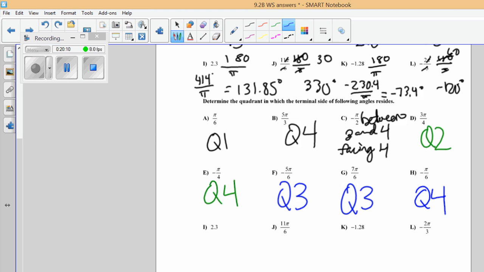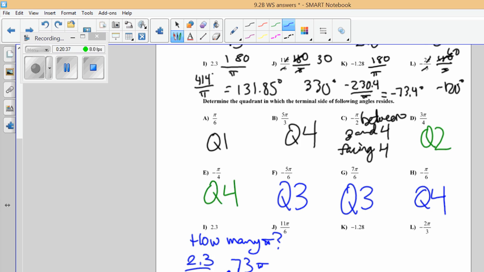Now, this is tricky. 2.3 is a radian measure. But how many pi's is that? You do 2.3 divided by pi, and so it's 0.73 pi's. So you're like, where's 0.73?